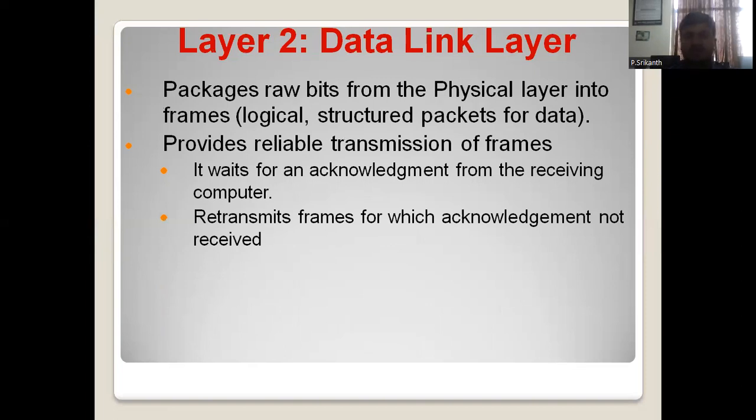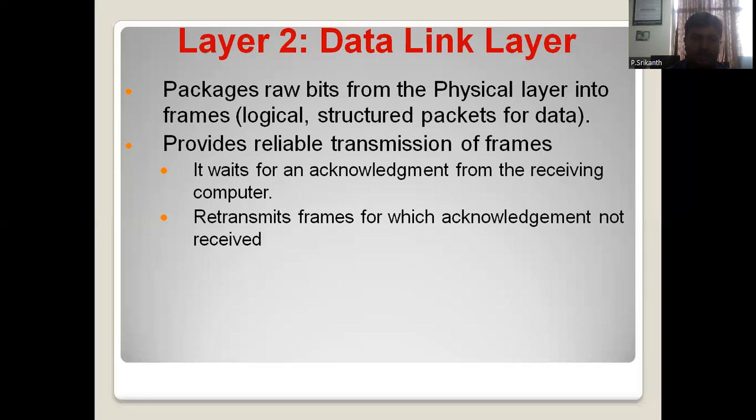It receives the data in the form of packets and designs frames. The frames are formed by adding the MAC addresses of the sender and the receiver to the received packets. The frame consists of the data units, the IP addresses of the sender and receiver, and the MAC addresses of the sender and receiver. It is called a frame. So the data link layer works with frames.